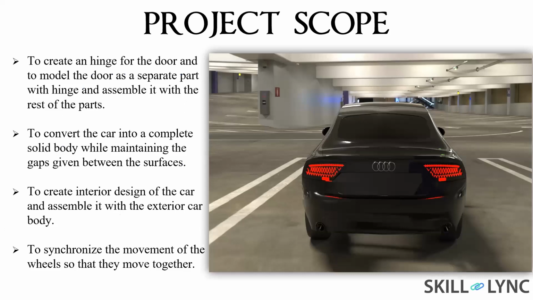So that is for the future scope, and also to create the interior parts and then later assemble them with the car body, and also to synchronize the motion of the wheels, which I couldn't figure out at the moment. So this is my project scope.